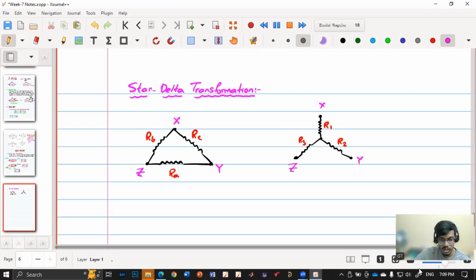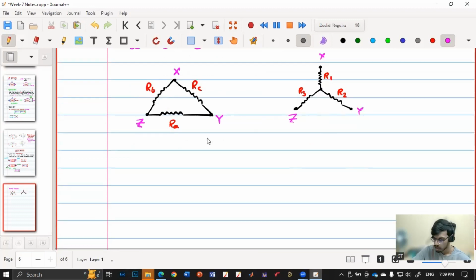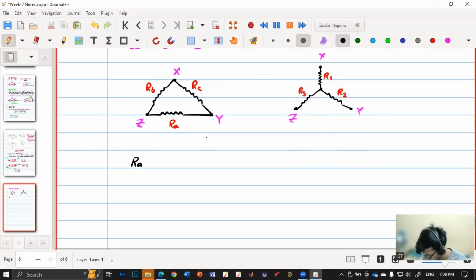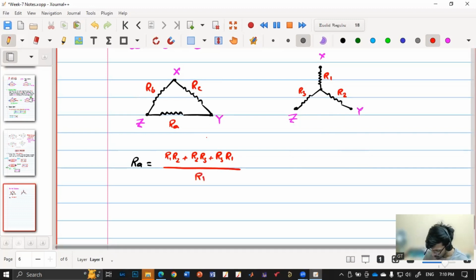So now there is a relation of RA, RB, RC in terms of R1, R2, R3. Similarly, R1, R2, R3 in terms of RA, RB, RC. I'll just quickly write them down. RA is equal to R1R2 plus R2R3 plus R3R1 divided by R1, because R1 is opposite to RA.